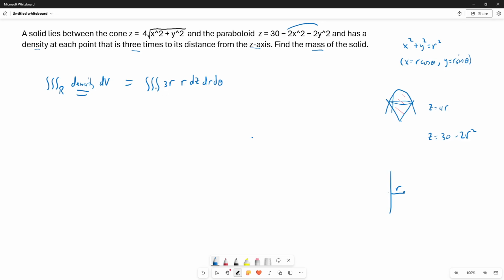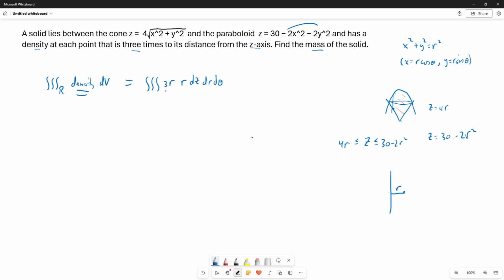So what are the boundaries in the region? For any fixed r and theta, the z will go from the cone up to the paraboloid. So z is going to be bigger than or equal to 4r and less than or equal to 30 minus 2r squared.